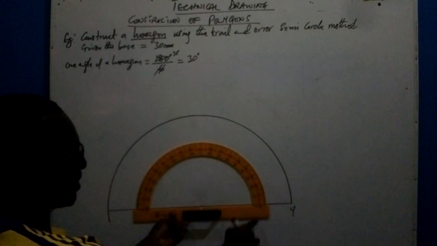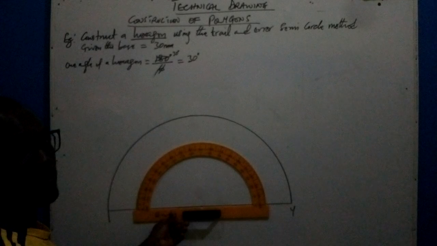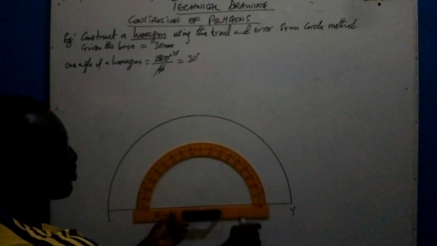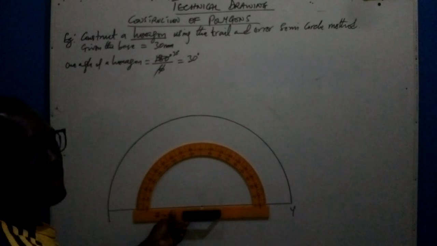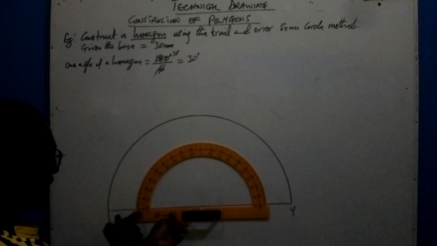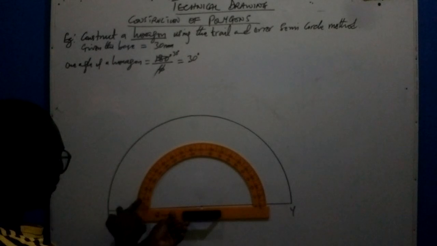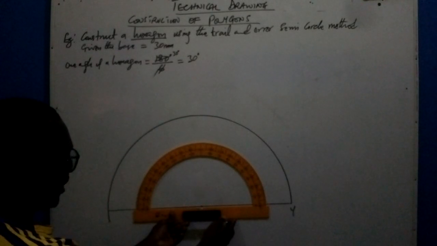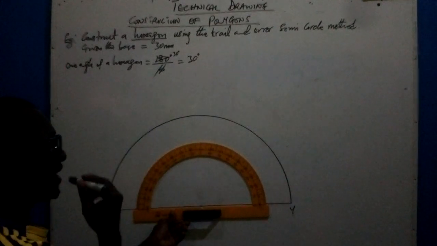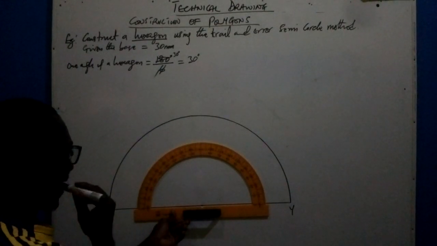You are using the semicircle form. Means that you use the protractor. The protractor takes the semicircle form. Then here you can see 0 is here. If here is 0, we have the 10, 20. Then we are going to mark it on the 30 point.